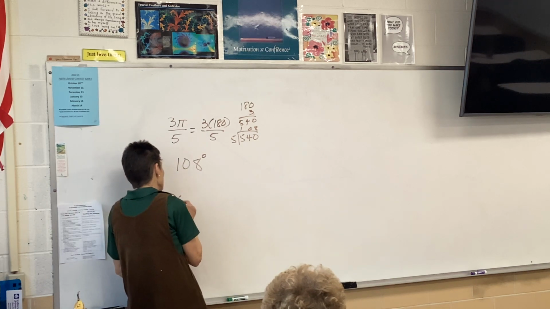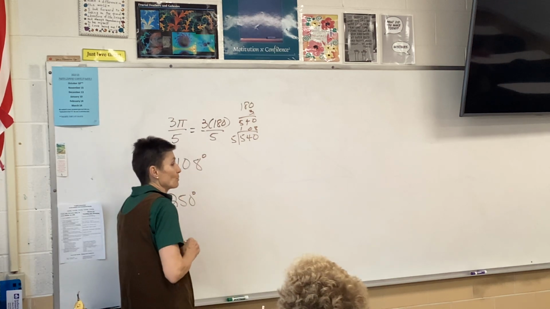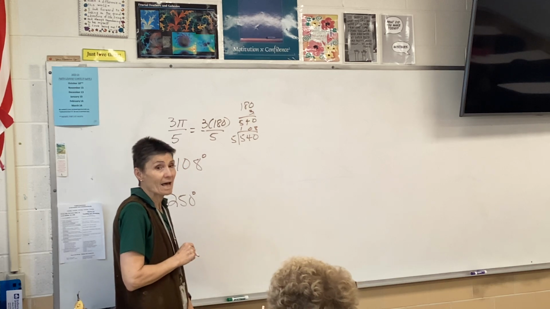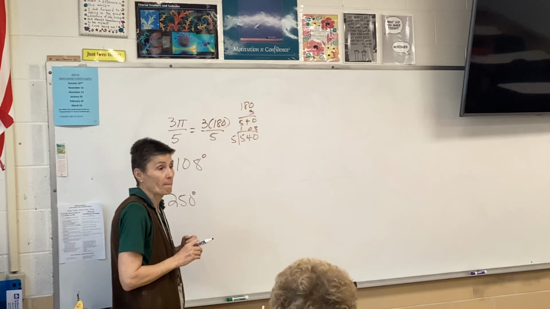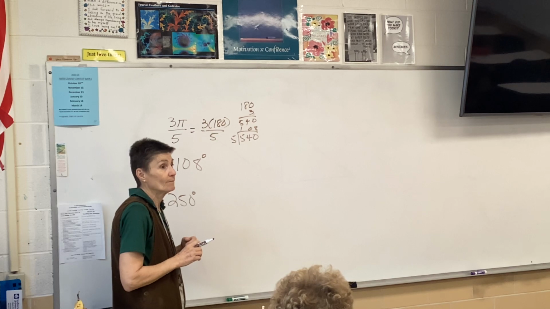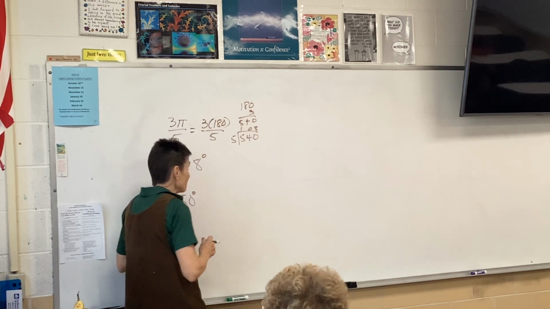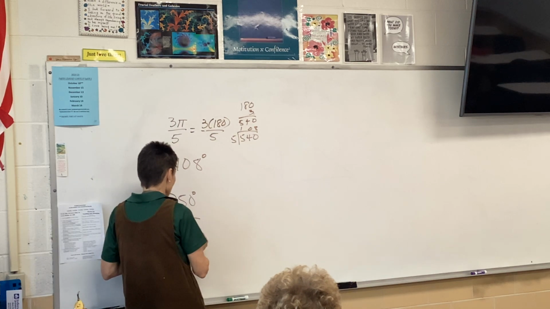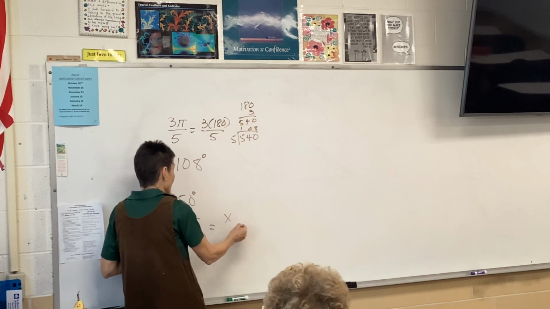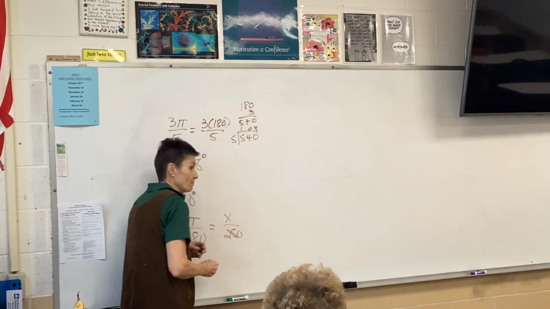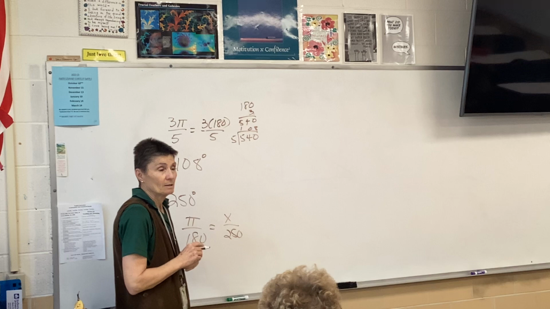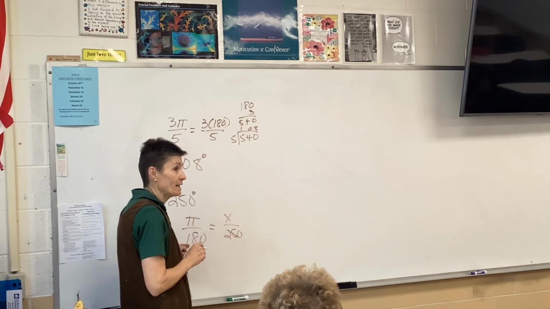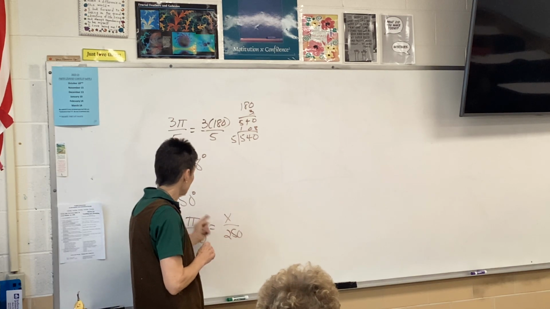How do we change 250 degrees into radians? What does that involve? It's pi over 180 equals x over 250.